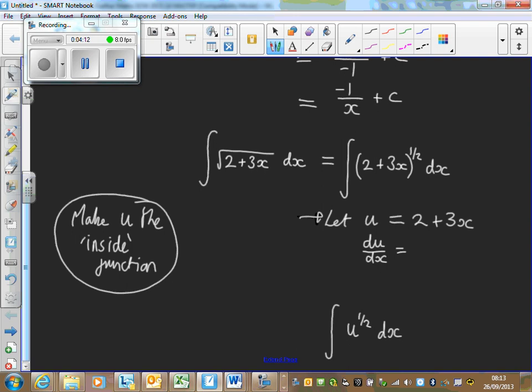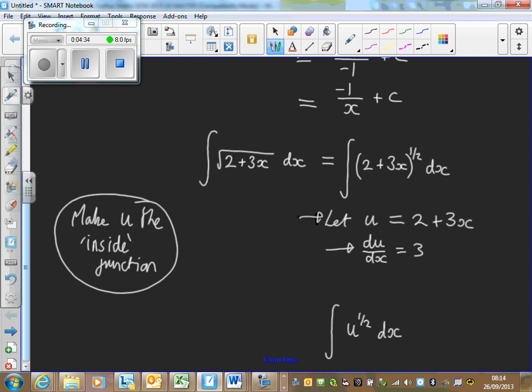So du/dx, well, if we differentiate 2, we get nothing. If we differentiate 3x, we get 3. Now, we're going to treat this equation like an equation, basically, and rearrange it to make dx the subject.